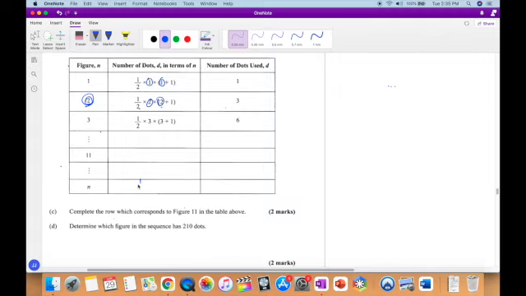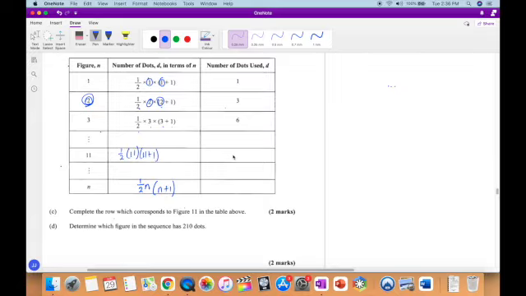So I could safely say that this is a half times n times n plus 1. Right? A half times n plus 1. So that looks pretty good. So in this case here, when n is 11, I'll have a half times 11 plus 1.